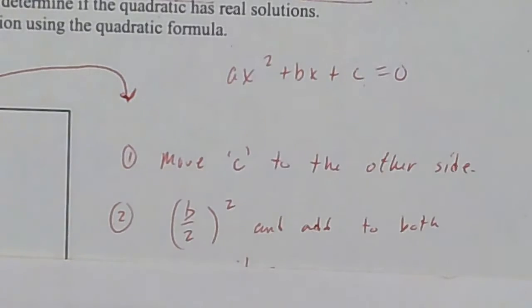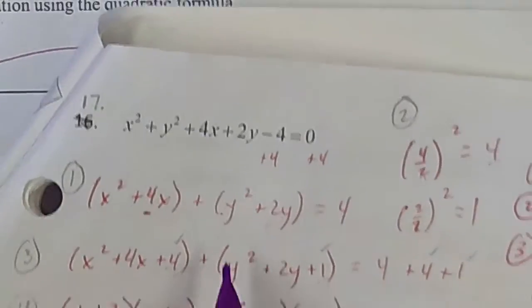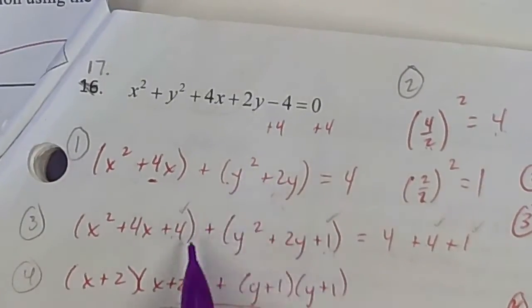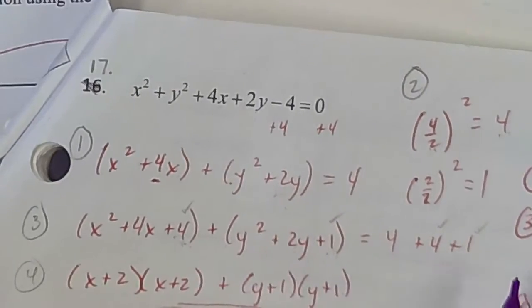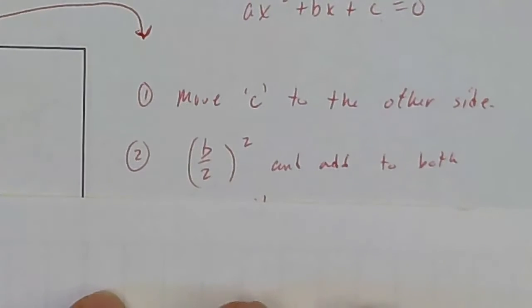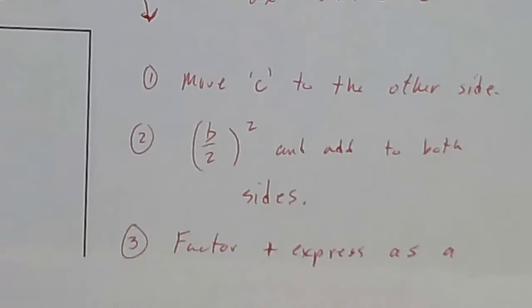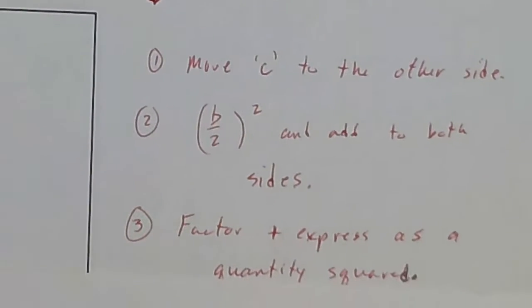We actually did this too with the circle problems. Remember when we did this? We had x quantities and y quantities. We took half of b and squared it, got that number, added it to both sides. We're going to do a very similar thing with these quadratics here. So half of b squared, add it to both sides, and then we're on to step 3.